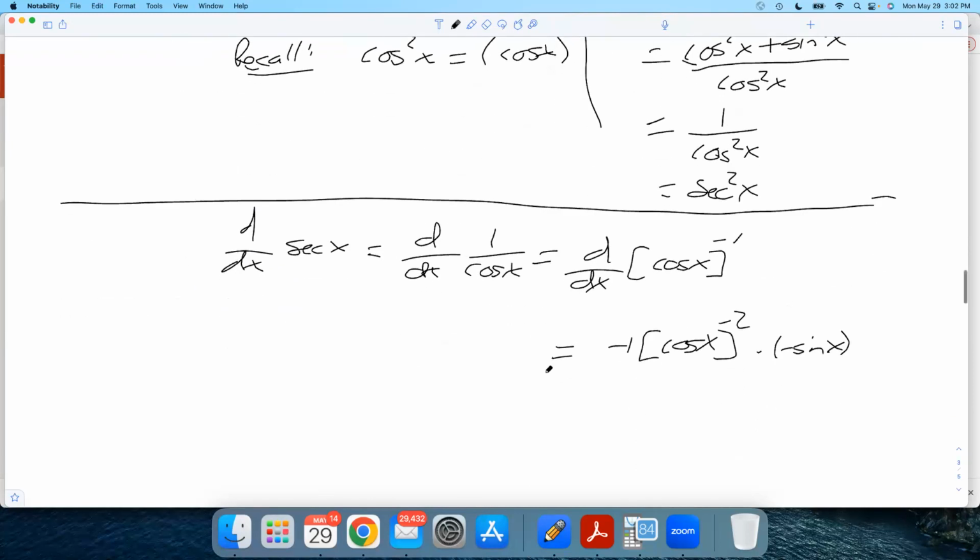So these negatives would cancel out, and I would get sine divided by cosine squared. Because this cosine to the -2, I would just bring that down. And we're done. That's the derivative of secant.